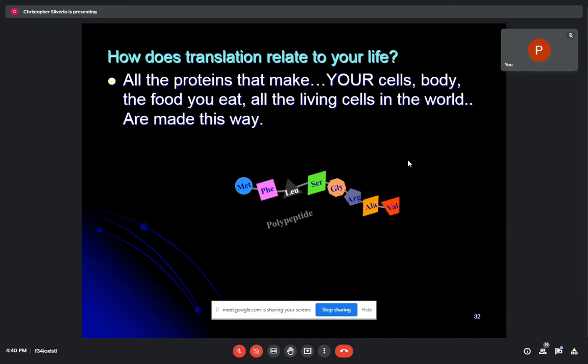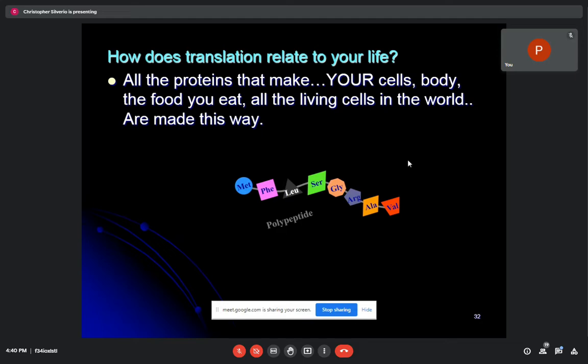All the proteins that make up your body in the cells are made this way. And we are talking of a molecular level.